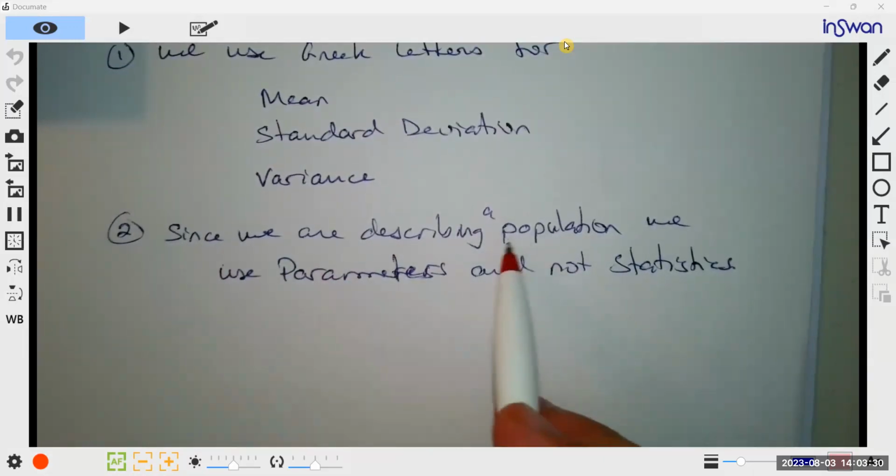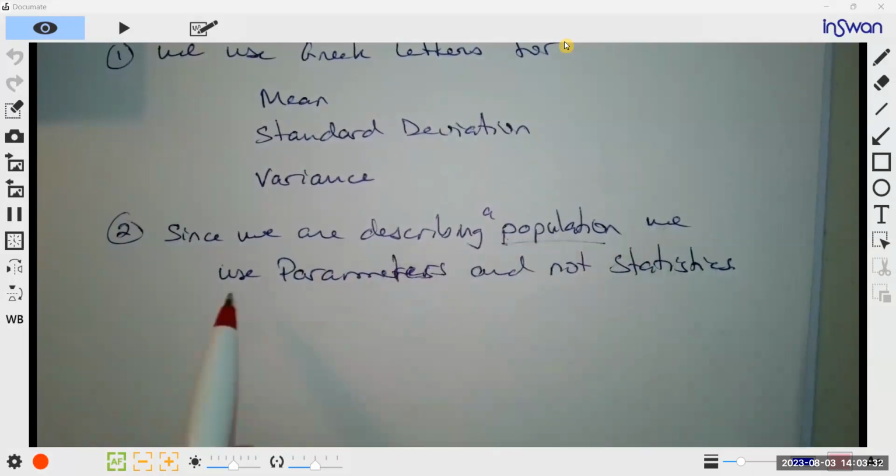Since we're describing a population and not a sample, we use parameters, not statistics.